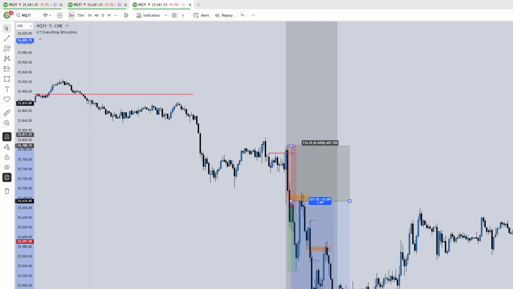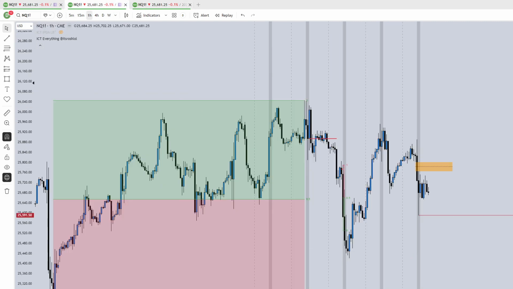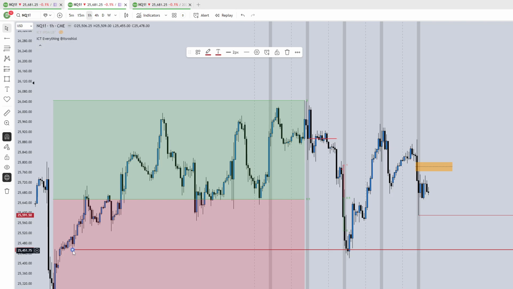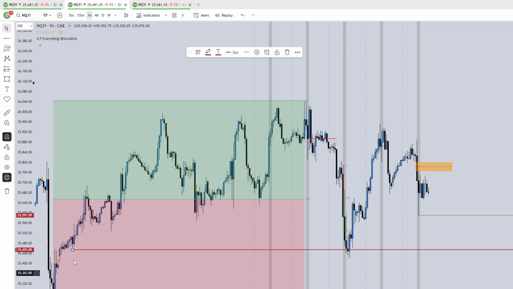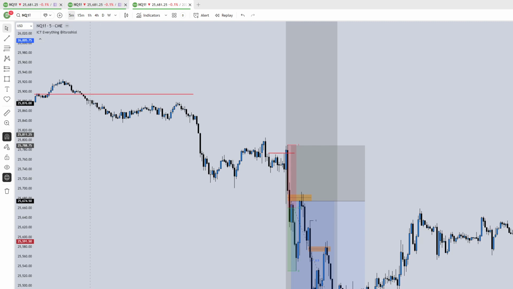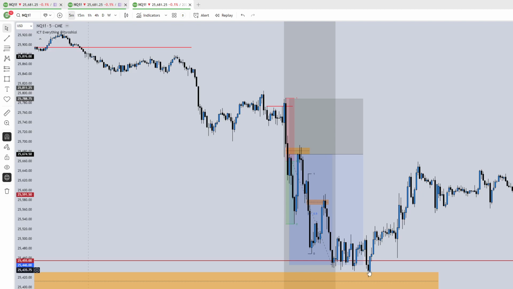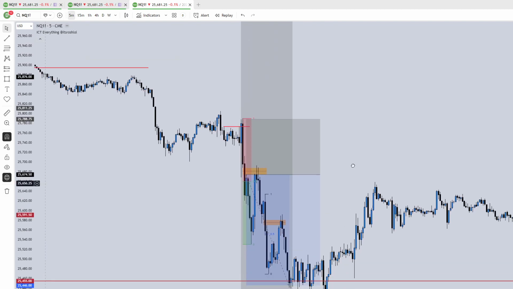I targeted a 2R, but it also lined up with, I think it was this low, just a little bit past that, hourly sell side into that volume imbalance here. We touched that volume imbalance in the lunch hour. I mean the PM session.